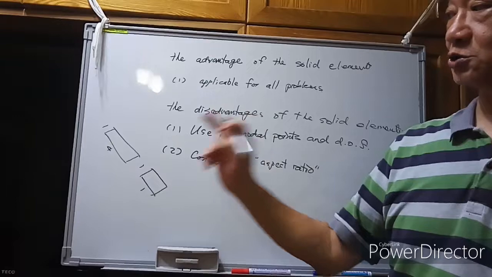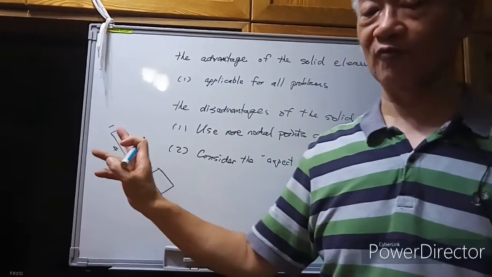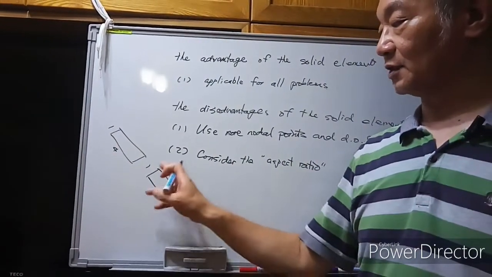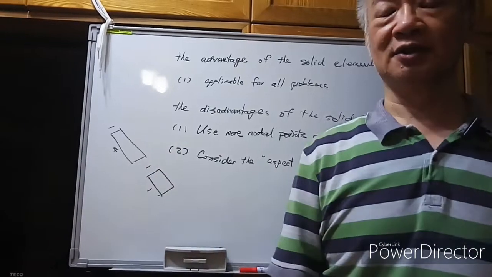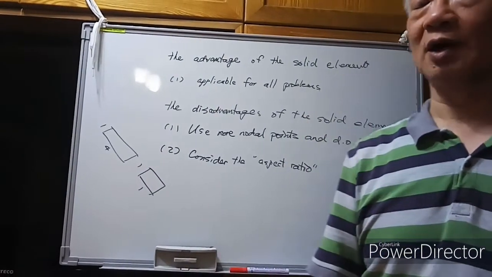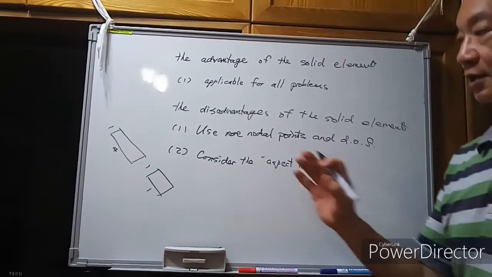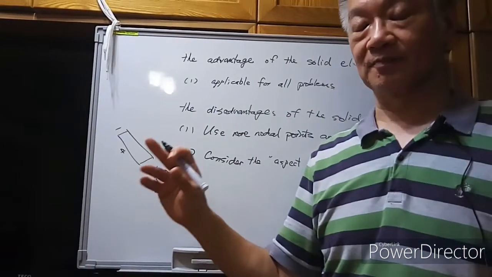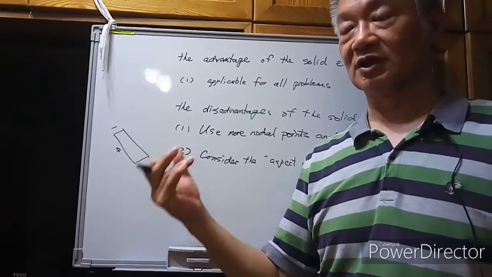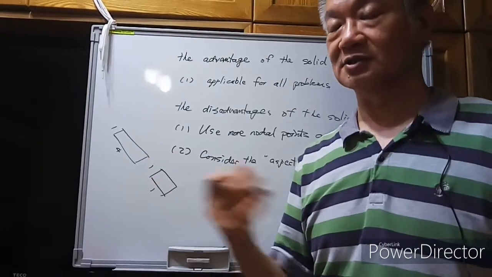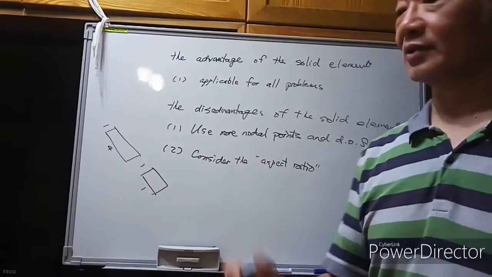If we have an element which is 1 to 1, the aspect ratio is equal to 1. And what aspect ratio is best for numerical accuracy? It is equal to 1.